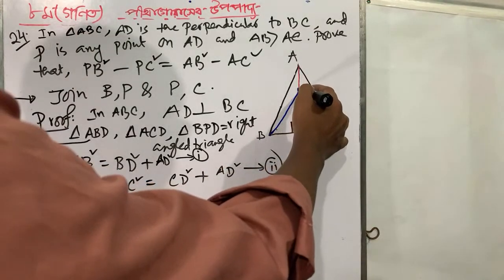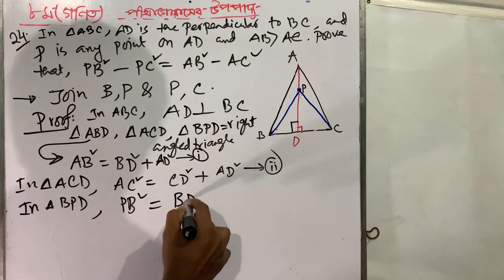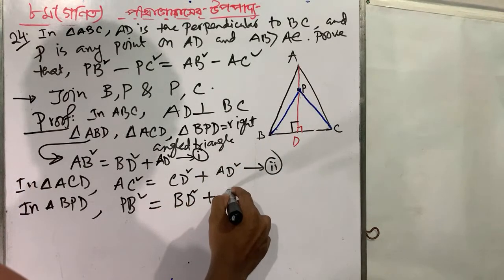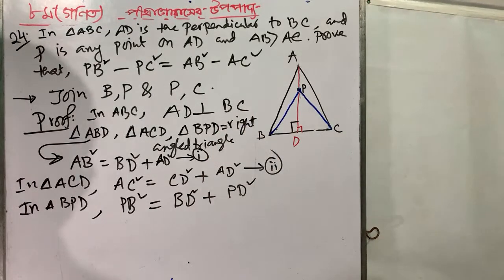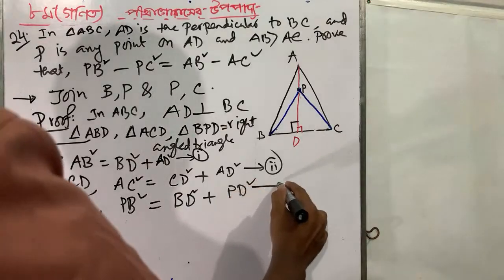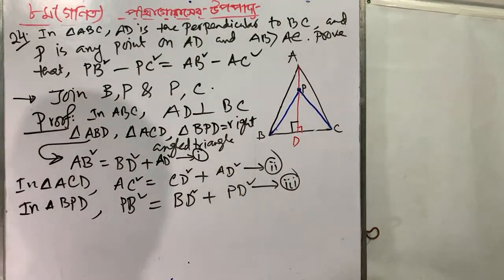So PV square is equal to BD square plus PD square. This is equation number 3. So we have 3 equations for 3 triangles.